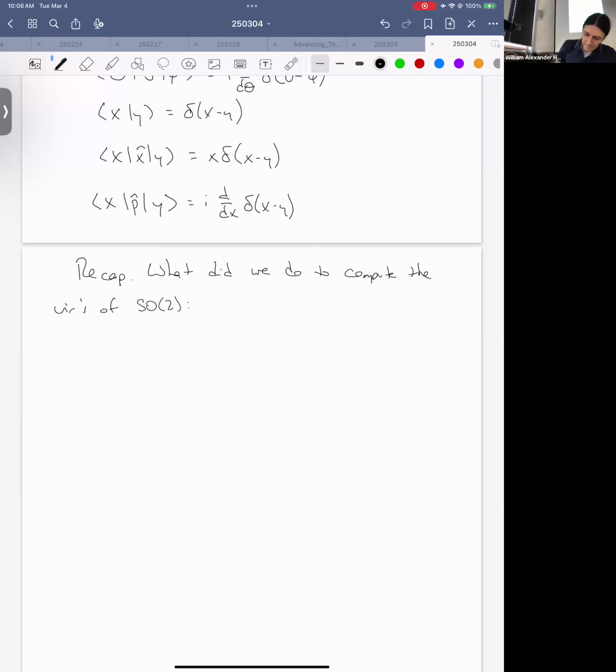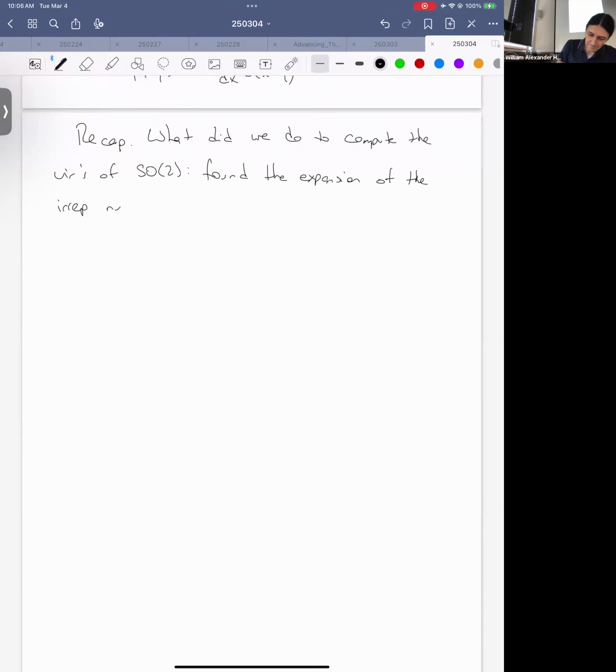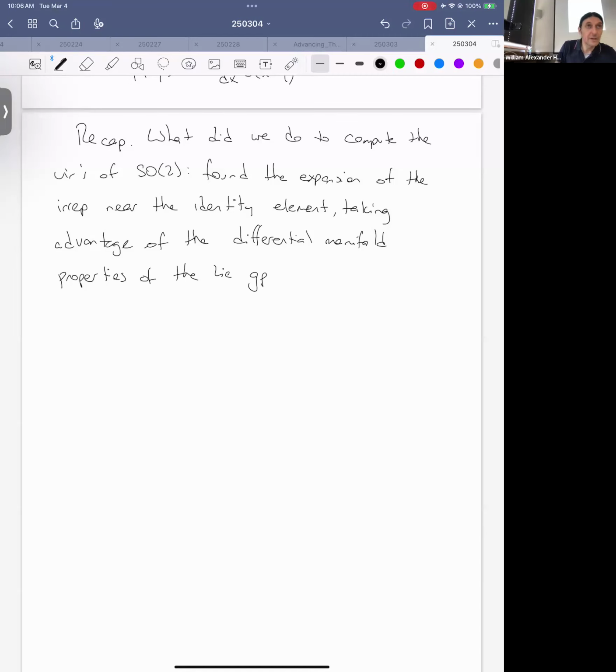We found the expansion of the irrep near the identity element, taking advantage of the differential manifold properties of the Lie group. That's a complicated way of saying we can do calculus, we can take derivatives.